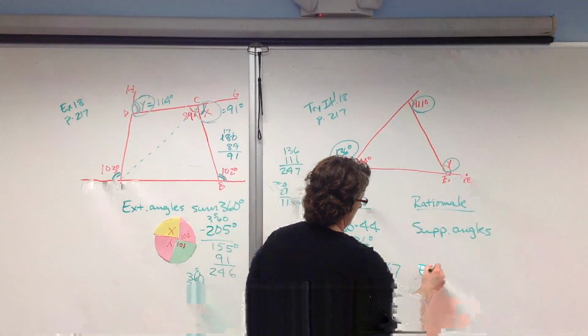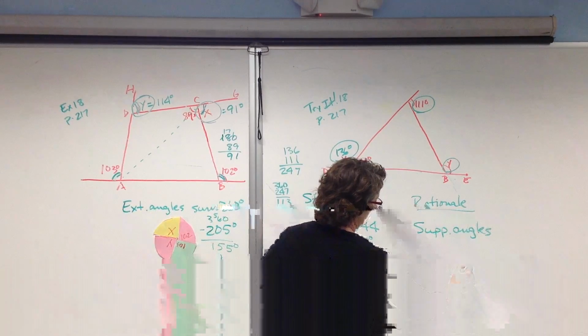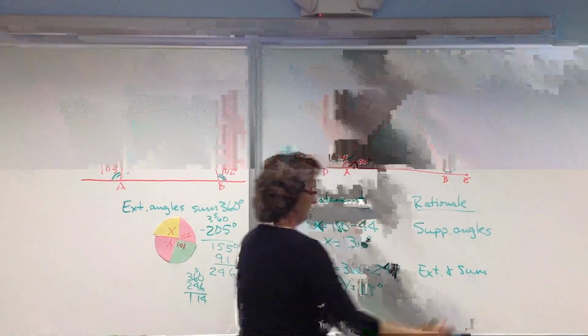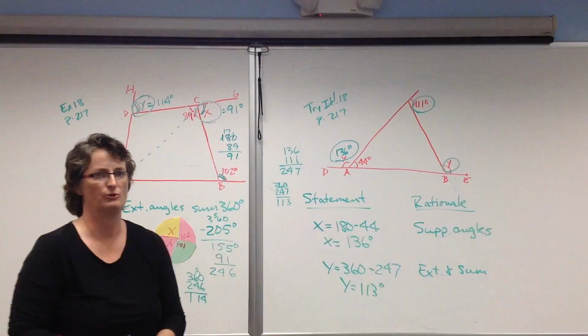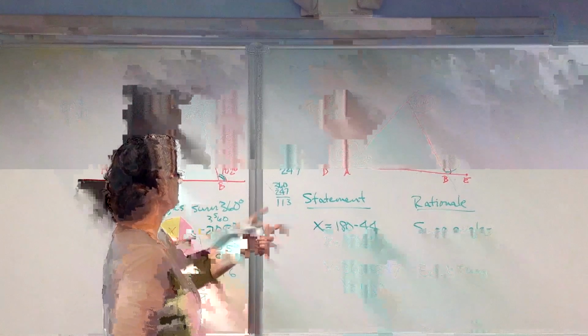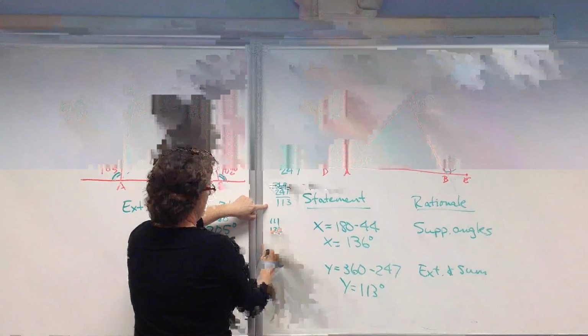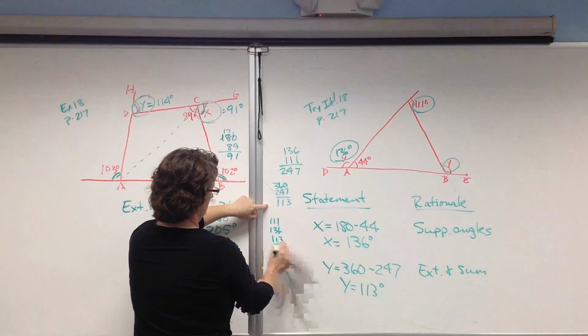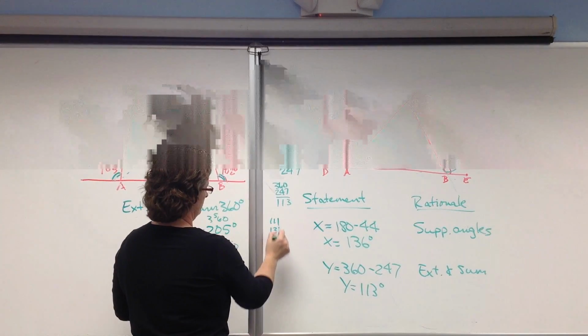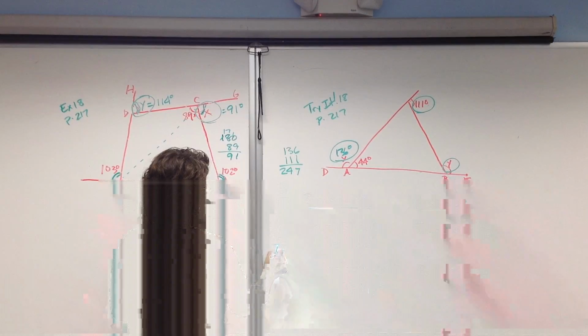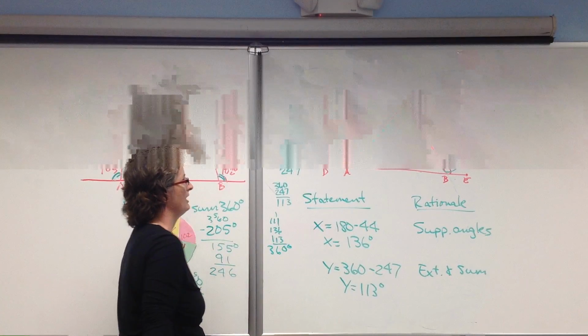The exterior angle sums equal 360 degrees. We can check that. We can go and say 136 and 113. Okay, so this is 9, 10, 5, 6, 360 degrees, so that works.